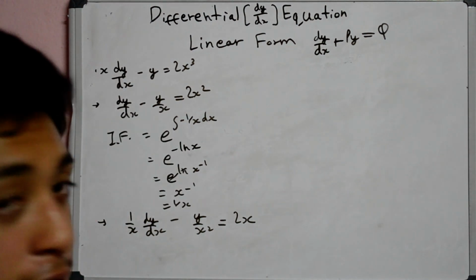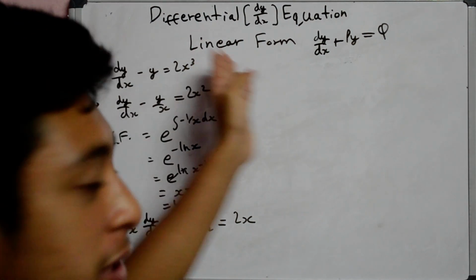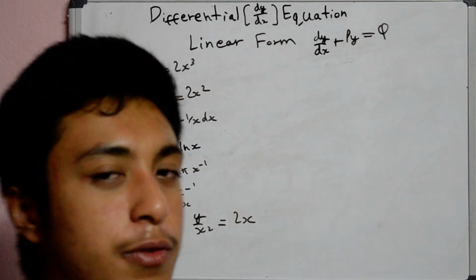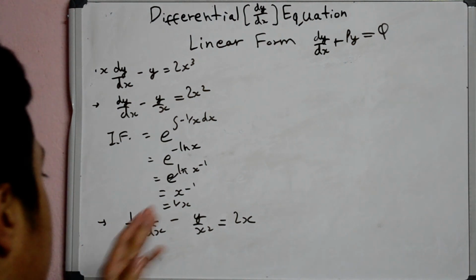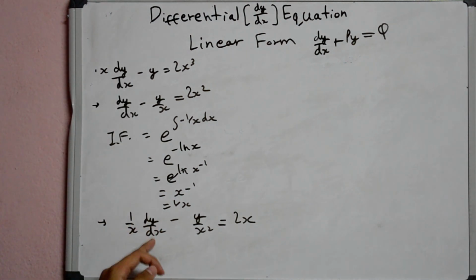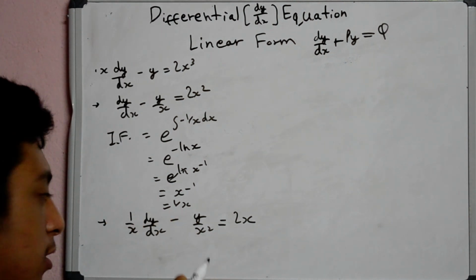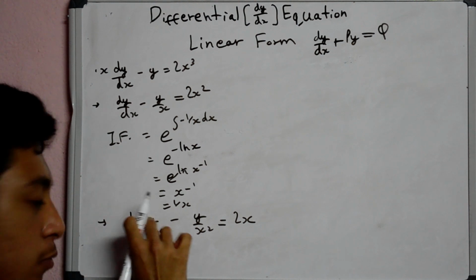Oof, this is tricky, but basically in linear form, after using the integrating factor, in most of the questions you have to use the concept of exact form, which is to find the derivative of this. Now, as I said earlier, if you have 1 by x dy by dx, it's always good to check the function of this with y.